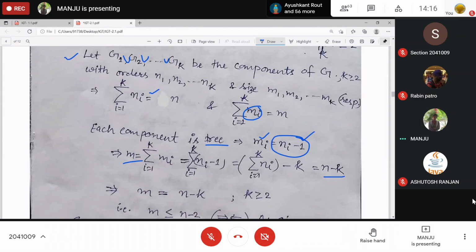Summation of ni gives you n. So finally you got m is equal to n minus k. That is, a forest with n order and k components, or k trees, has size n minus k.